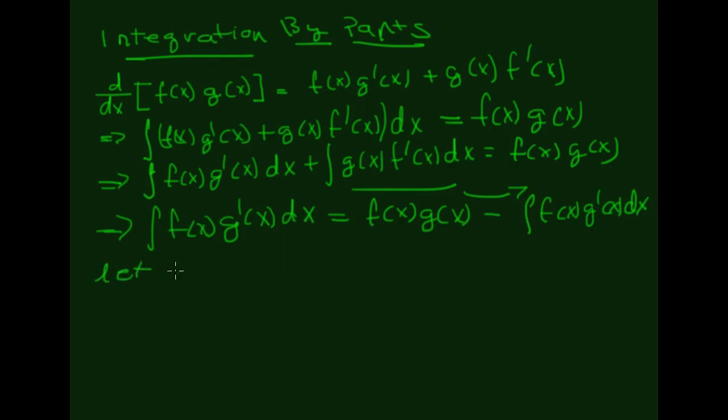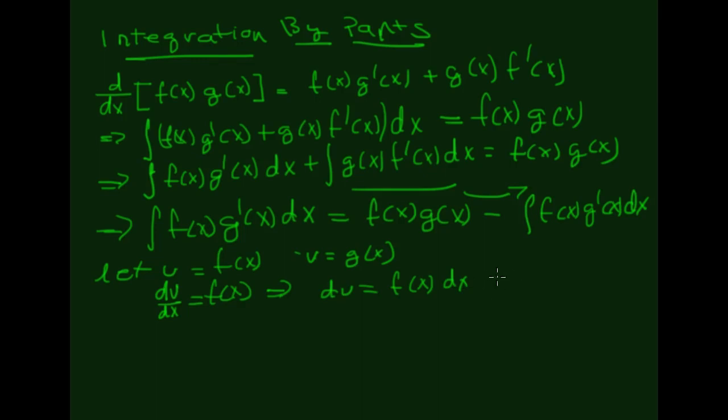So we're going to do a let here. We're going to let u be f of x, and we're going to let v be g of x, right? So if I think this through, I get that du/dx is f prime of x, so this implies that du is f prime of x dx.